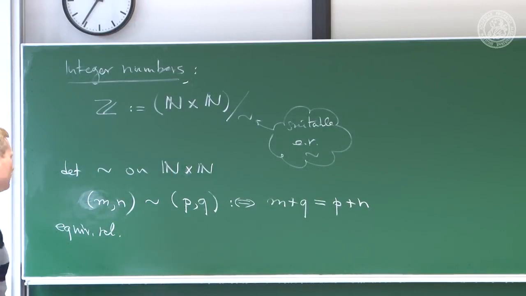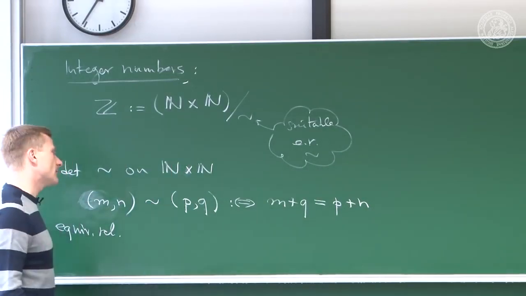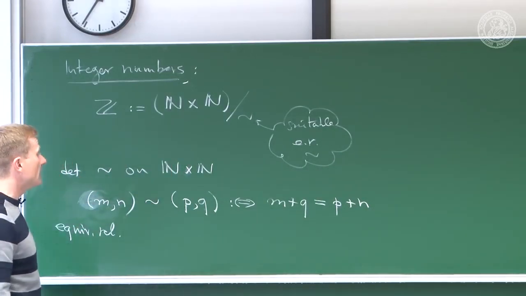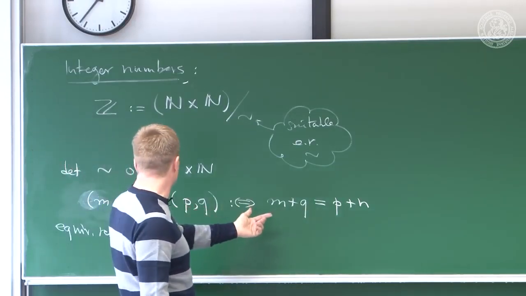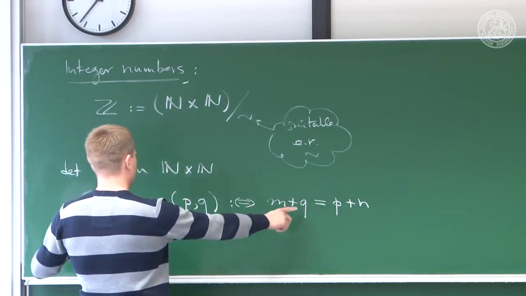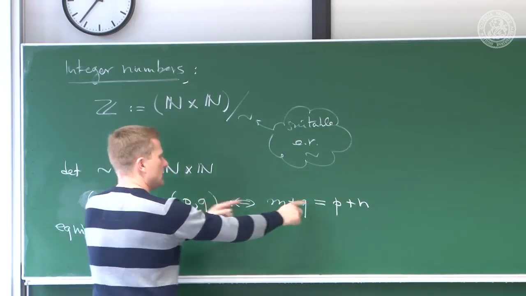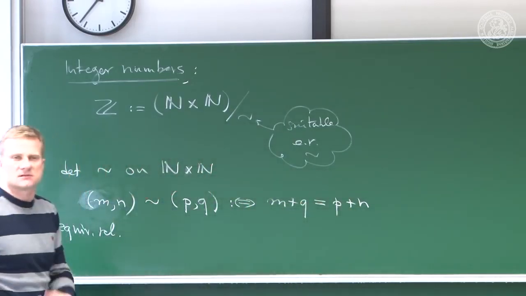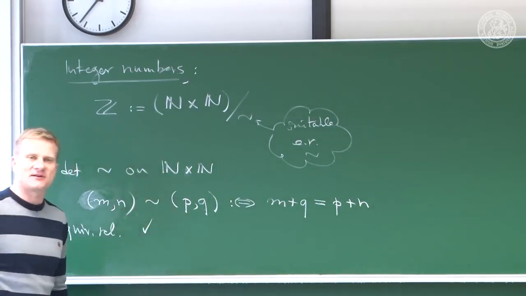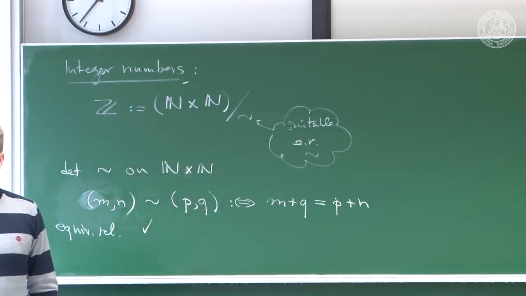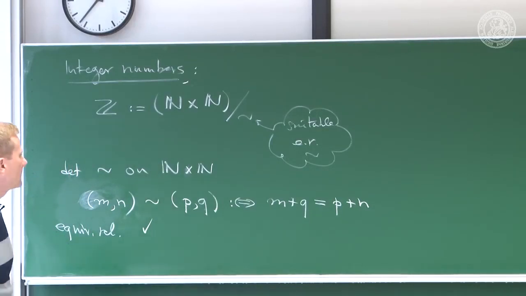So that was symmetry. Reflexive is clear for M, N, because it's then M plus N equals N plus M. This is also clear. And you can also check it's transitive. Let's not do this right now. This is an equivalence relation. Needs to be checked. Okay.